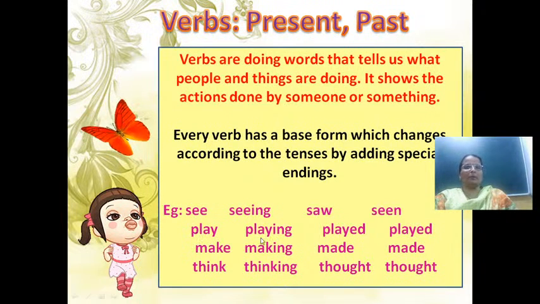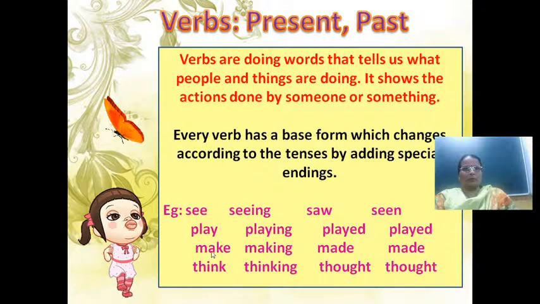Play is the base form. By adding ing at the end of this base form of the verb, we change play into playing, and by adding ed at the end of play, we changed the base form of the verb into played, and again in past participle played.